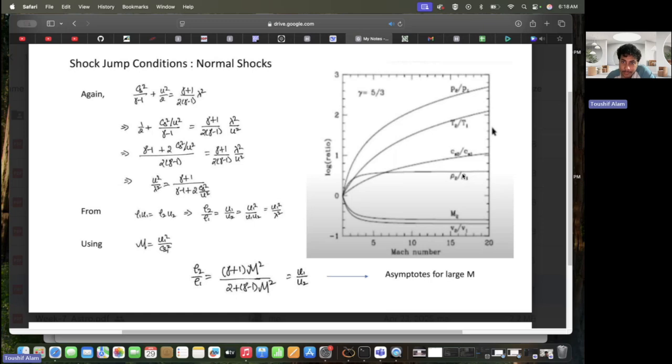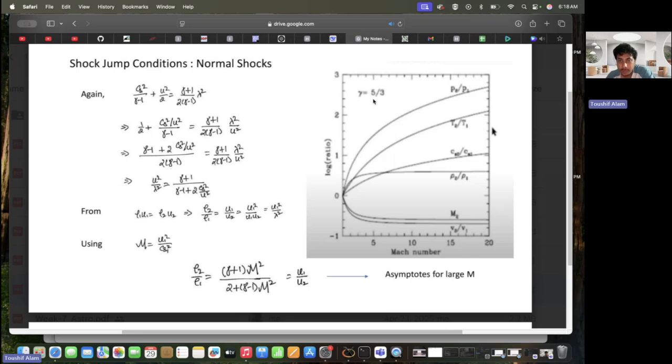This will be the graph. Rho 2 by rho 1 with M1 will be this. Similarly, for V2 by V1, we'll get this. For P2 by P1, we'll get this.